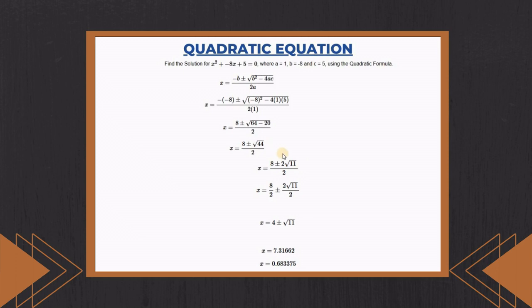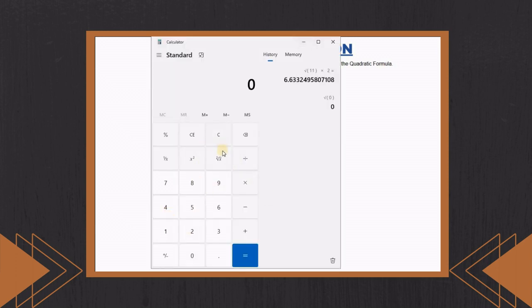So let us see if it works that way. If I go back to my calculator, I say 11, and then the square root gives me 3.316, which I could round off to 3.32, but I'm just going to leave that number. So I multiply this square root of 11 by 2, times 2 equals, and as you can see, you get the same 6.63 like before.